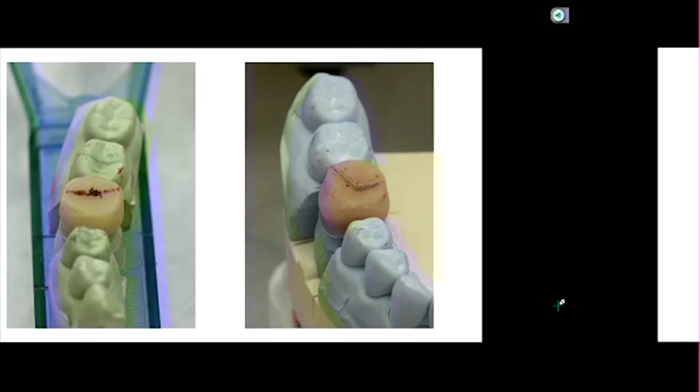So if it follows a different path, what's the next step after we mount this case up? What do we have to do? Wax up. We've got to wax up the crown to make it look like a tooth. And then how do we know how to design the contours of this crown?